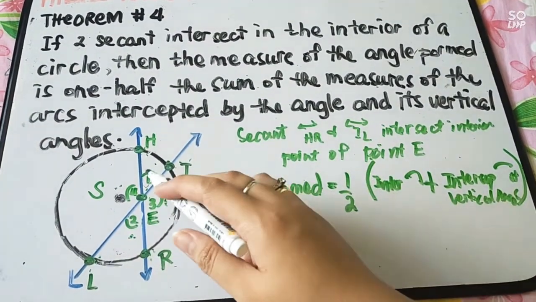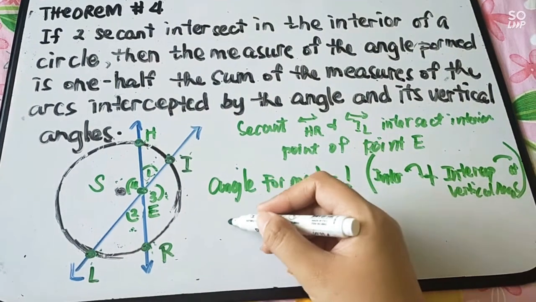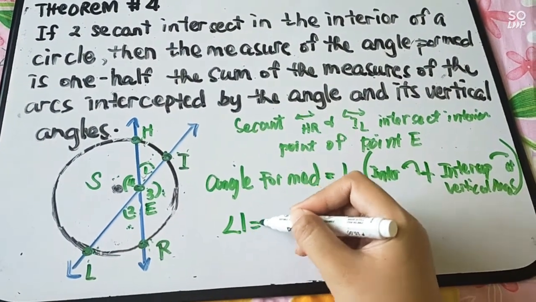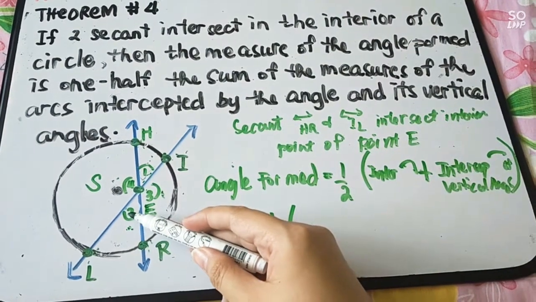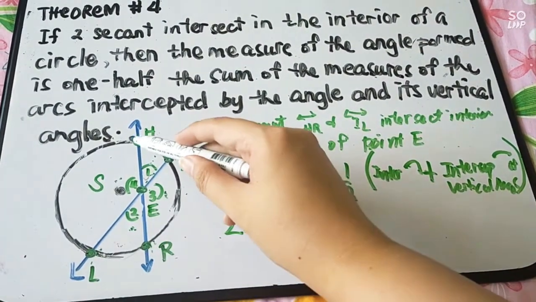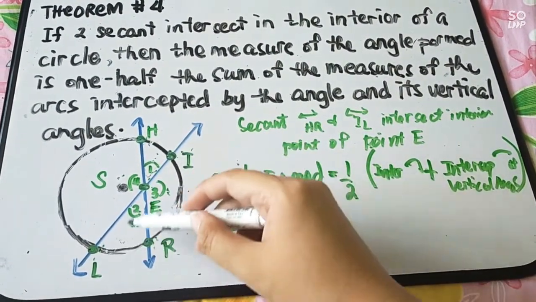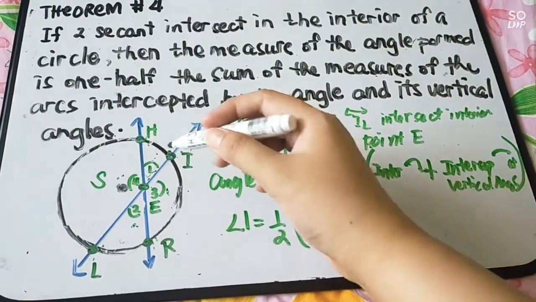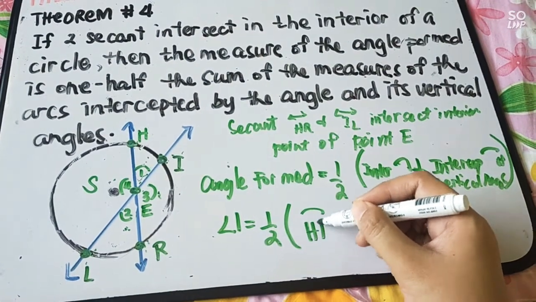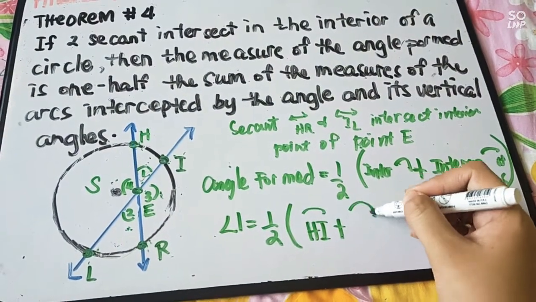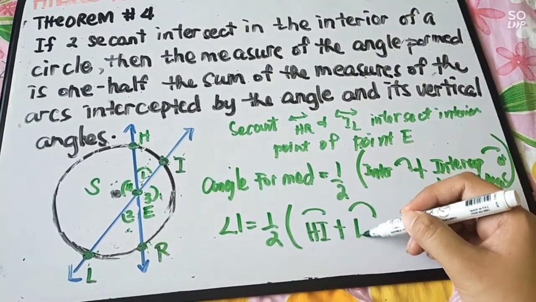For example, we have angle 1 here. Angle 1 is equal to 1/2 of... its vertical angle is angle 2, so the intercepted arcs enclosed by your two angles are arc HI plus arc LR.